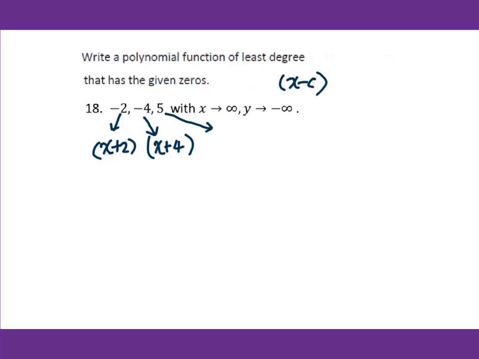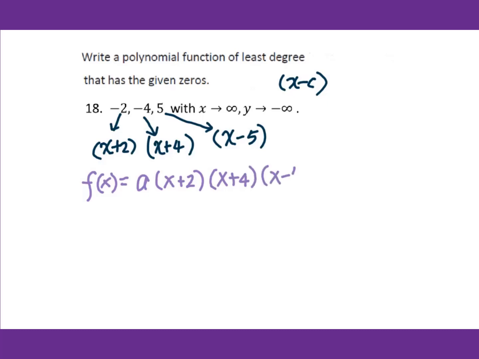And for 5, I can write down x minus 5. Assume f of x equals a times x plus 2 times x plus 4, then times x minus 5.